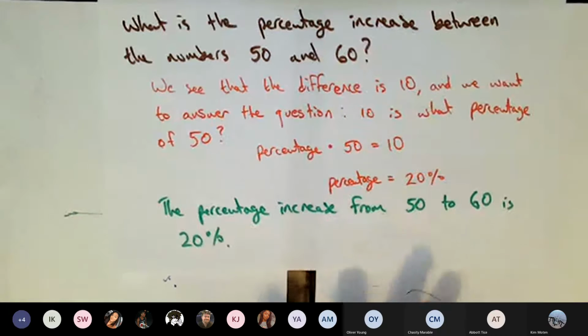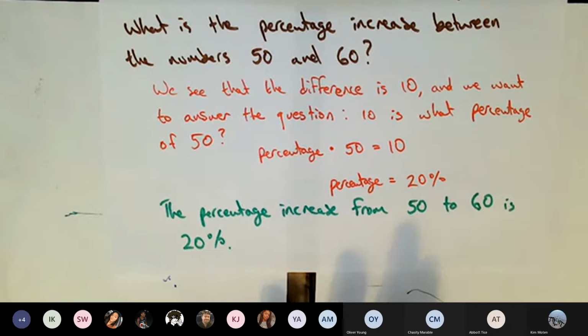Let's scoot that up a bit. So why would this be useful? Well, maybe gas prices have gone up, and you're trying to measure the percentage increase between two measures of a gas price.